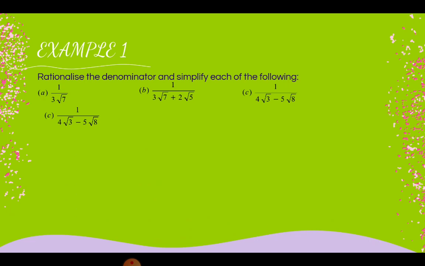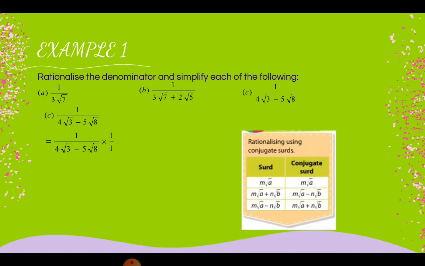Okay, C, 1 over 4 surd 3 minus 5 surd 8. Again, this fraction is actually multiplied with the fraction 1 over 1. So let's look at which case.